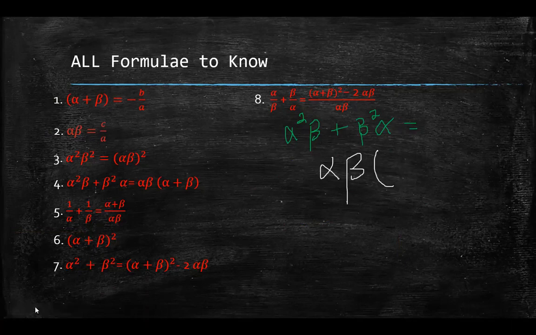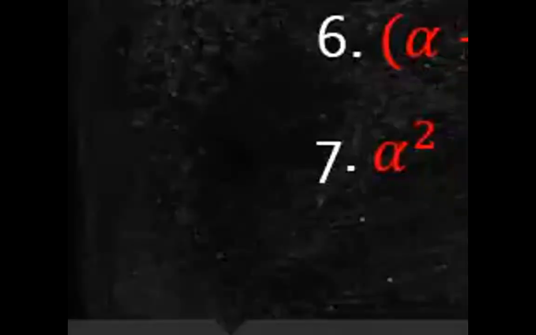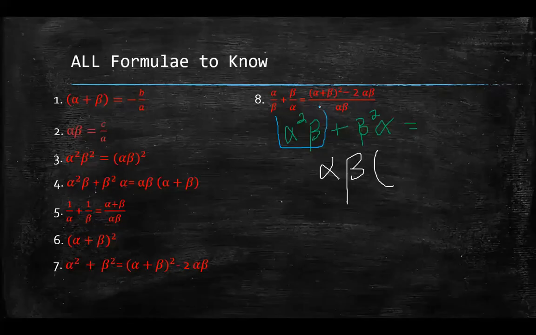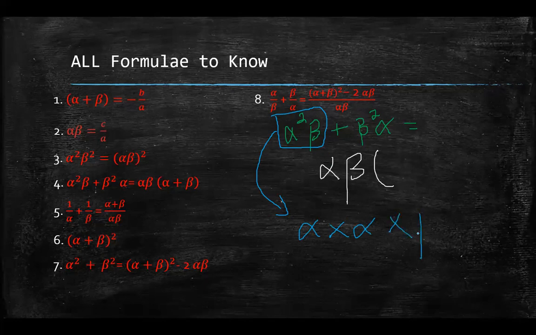Looking at this first box right here. We know that alpha squared is the same as alpha times alpha, and we also have a beta, so that's times beta.